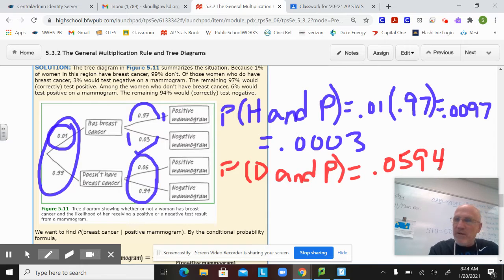And then to find the probability for the last path, I multiply 0.99 times 0.94, and I get 0.9306. Again, those 2 red probabilities will add up to this 0.99.